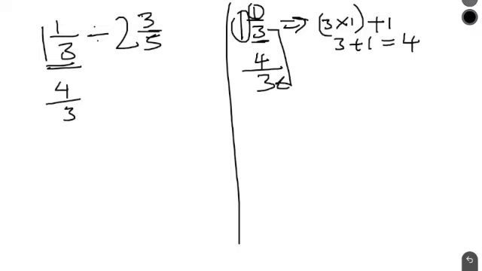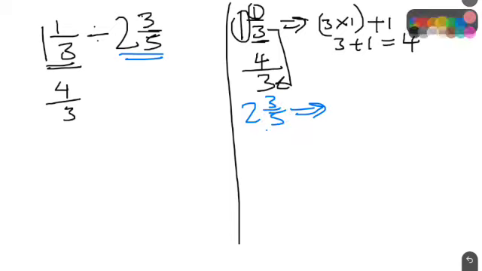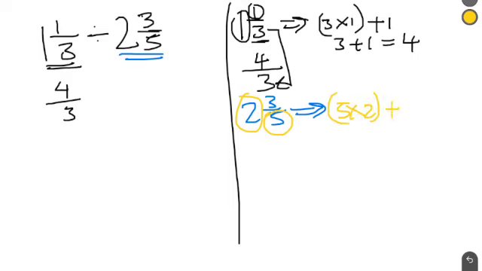The second one is we want to find the improper fraction for 2 3/5. So we say this 5 times this 2, plus this 3. 5 times 2 is 10, plus 3 is equal to 13.